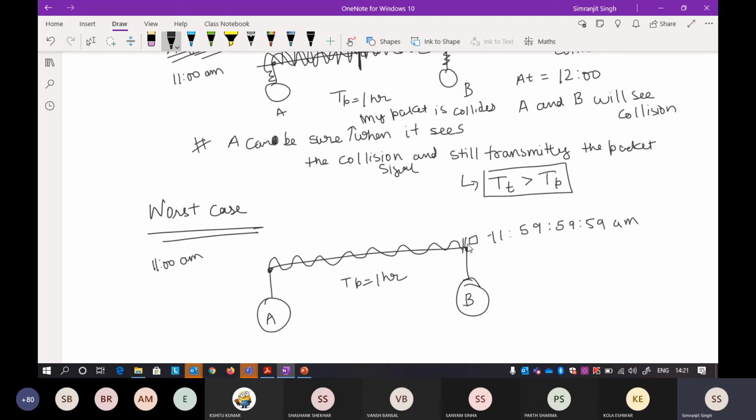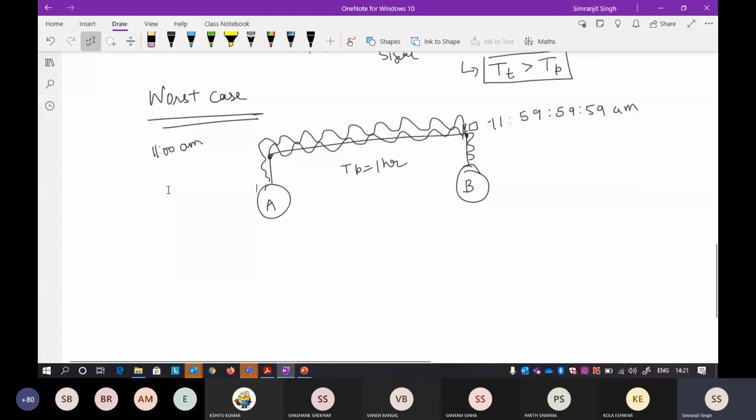Now when the signals collide, B will get the intimation directly that its signal has collided, but see how much time the collision signal takes, after how much time A will see the collision. This is very important now. At 11, A starts transmitting.